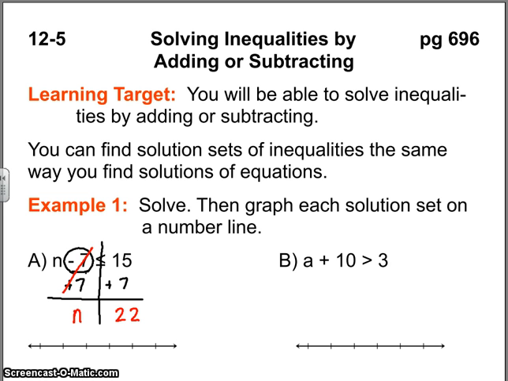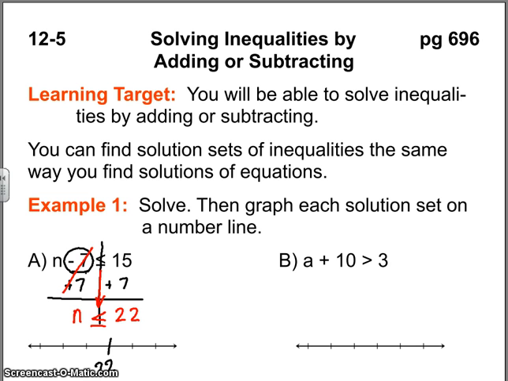Now again, we're not talking about equations here, we have inequalities. So when you're adding and subtracting, that's key, it's going to come in the near future. When you're adding and subtracting, you just bring your inequality sign down. And that's it, really. So graphing, I'm going to pick number 22 on my number line.